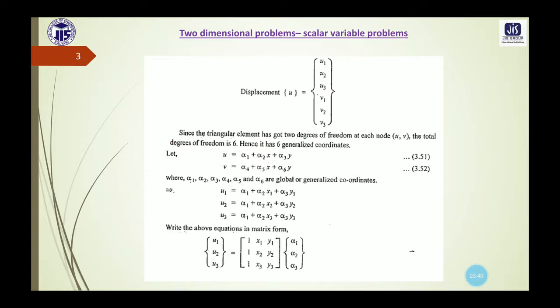Now the formula for u is alpha 1 plus alpha 2 x plus alpha 3 y, and the formula for v is alpha 4 plus alpha 5 x plus alpha 6 y. These two equations, numbered 3.51 and 3.52, are considered for the displacements u and v, and here alpha 1 to alpha 6 are global or generalized coordinates.